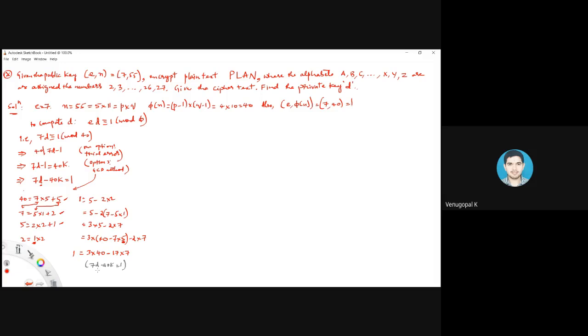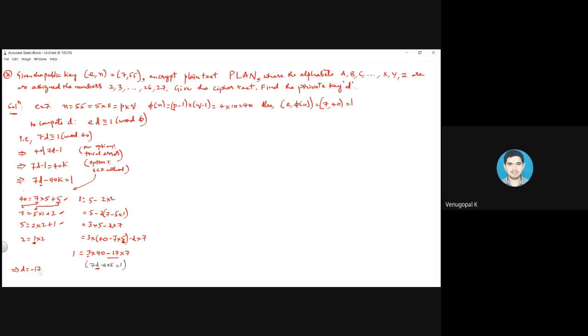If you compare, in place of d we have minus 17, and k will be minus 40. I mean 40 into minus k, we can think like that. So minus k equals 3, or k equals minus 3. Anyway, k we are not bothered about here. What we want is this d. So this implies d equals minus 17.